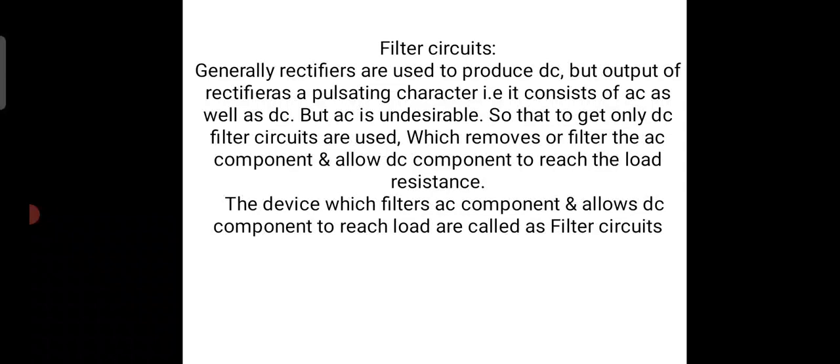Therefore, to remove those AC components, we use a filter circuit between the rectified output and the load resistance of the circuit. When the output of a rectifier consists of a pulsating signal of AC and DC, a smaller portion of AC signal will be present in the rectified output.